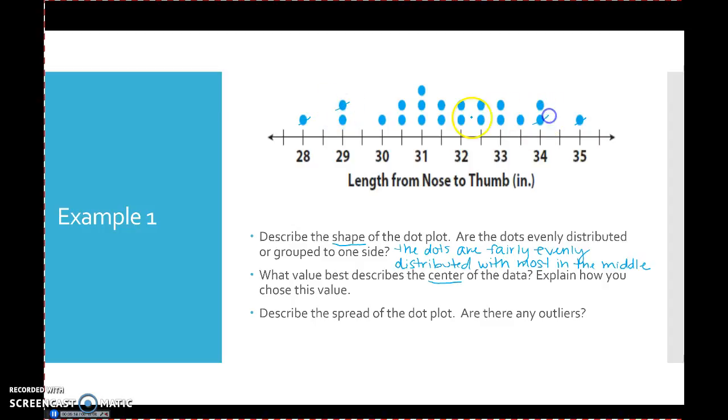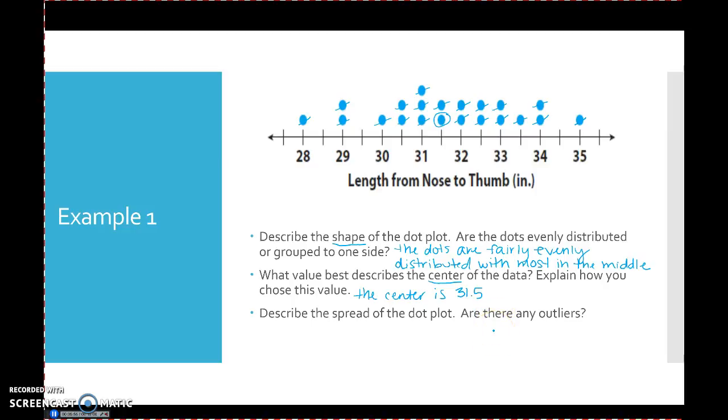So one on the left, one on the right, and so on, until here. So that is my middle dot. So the center is 31.5. So that means that there's the same number of dots on each side.